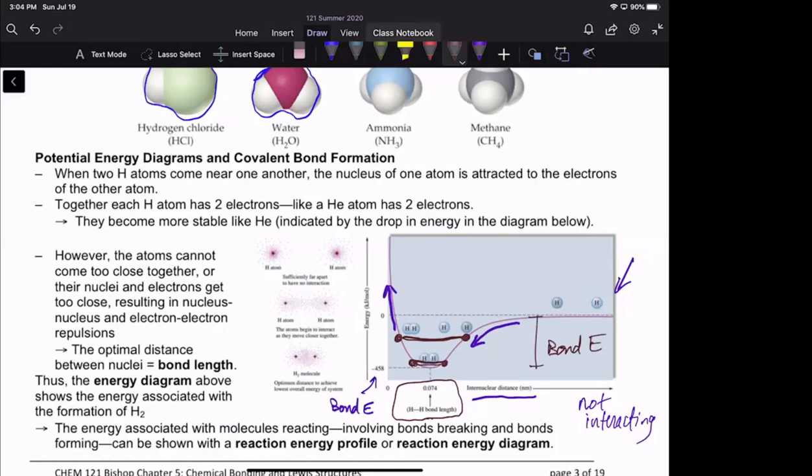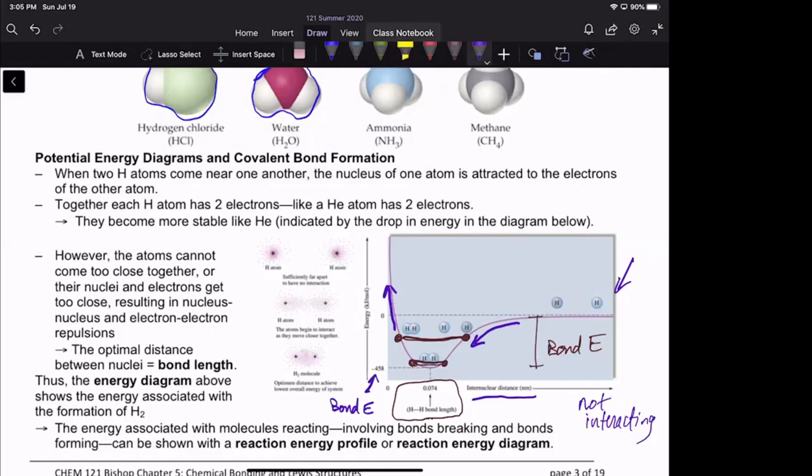Now, that bond is a stabilization. So it stabilizes, it reduces the energy. It's a negative energy. So the way that we think about this most accurately with our language would be to say, this is the energy required. We have to put this energy into the system. This is the energy required to break the bond.